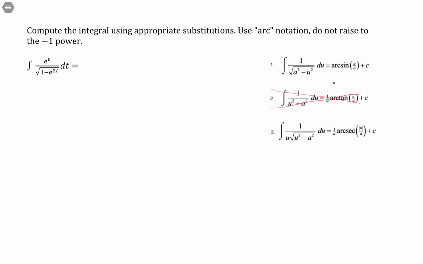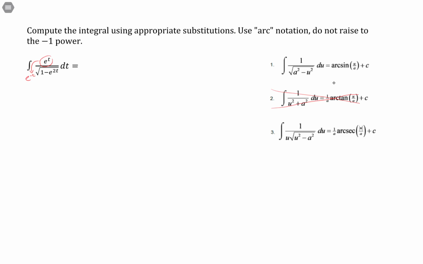Arcsecant is sort of possible because we have a function on the outside, but this function on the outside would technically be e to the negative t, and what we would need is u being e to the negative t, u squared would technically be e to the 2t.